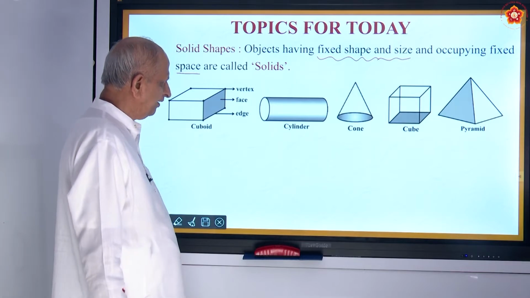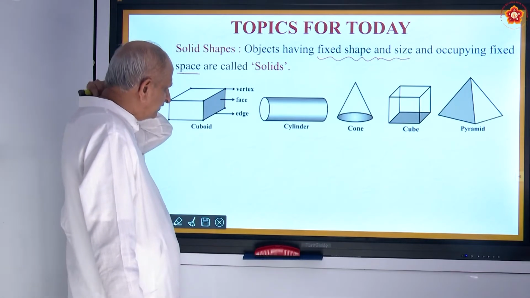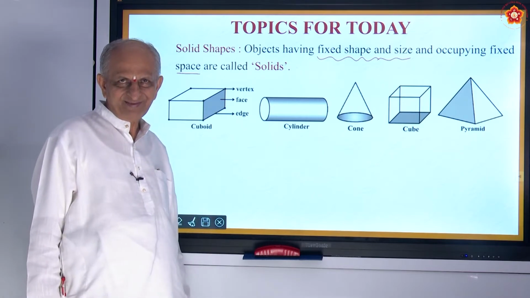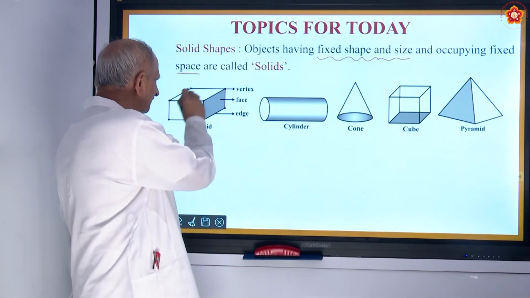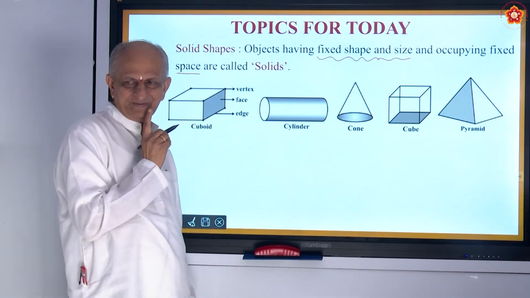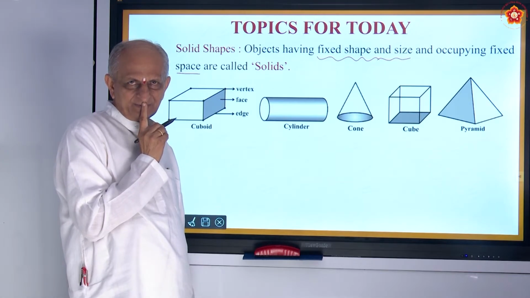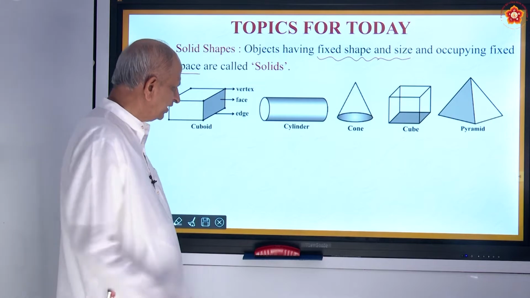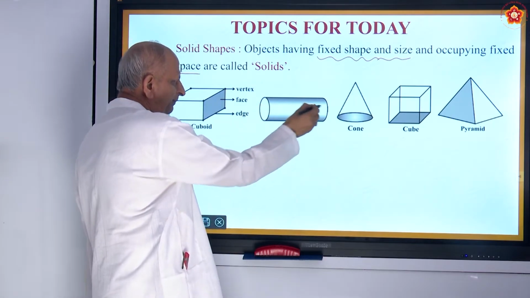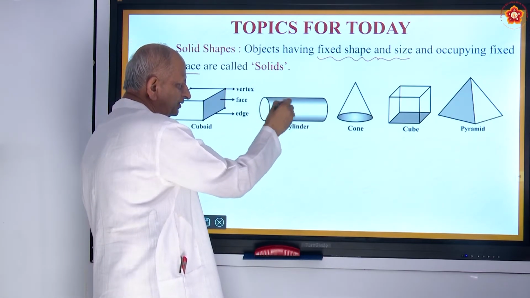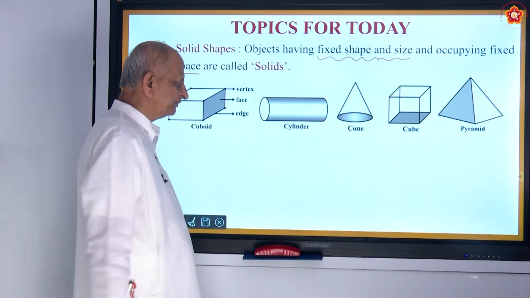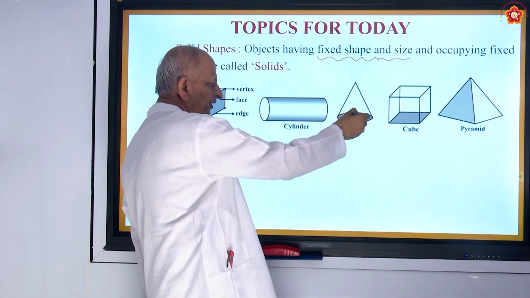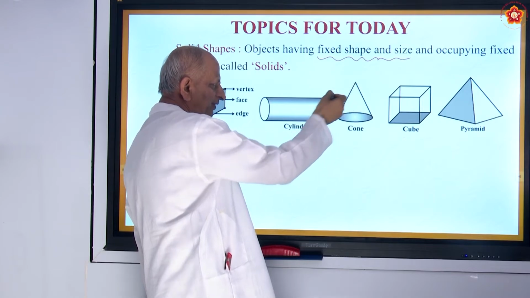So what shall we have? We have examples like this. Cuboid. You heard about that? In a cuboid, all surfaces are rectangles. Correct? And cylinder. Here you will have top and bottom as circles, and there will be a curved surface. A cone with a base circle, and this is a curved surface.